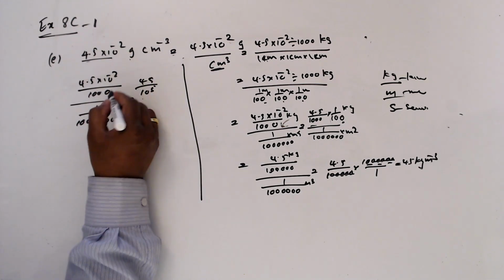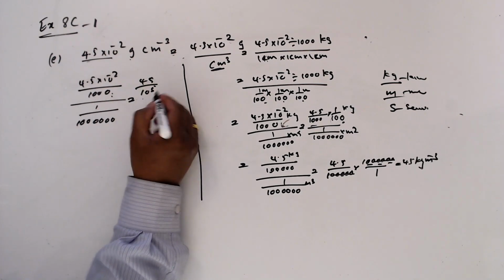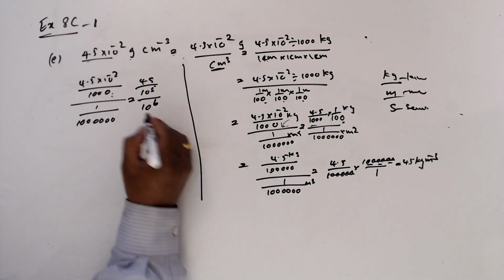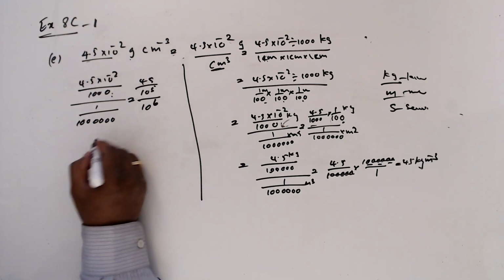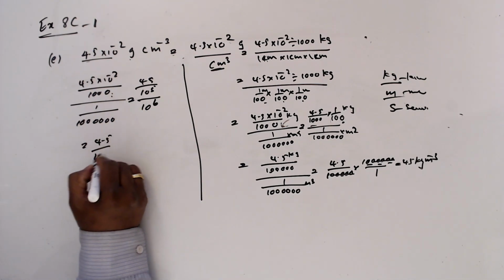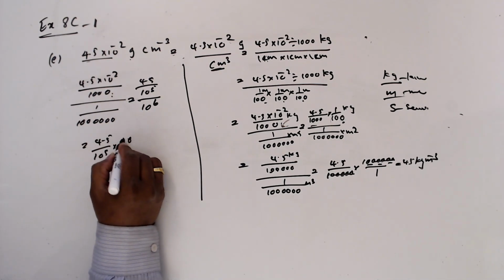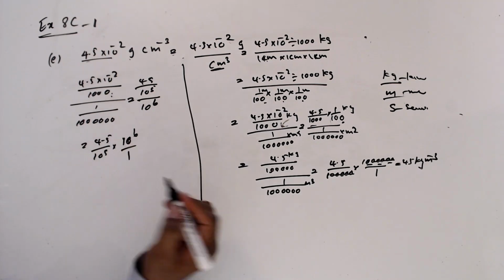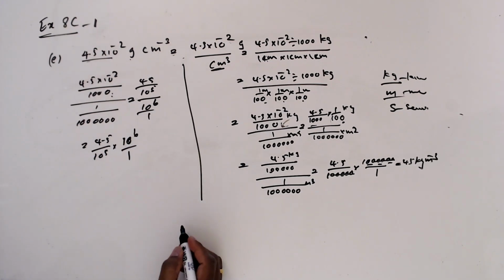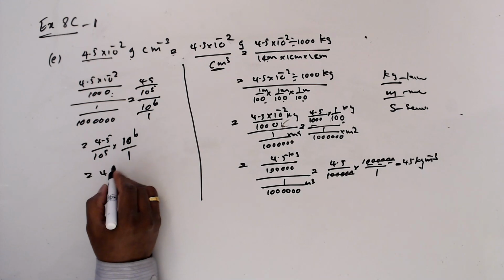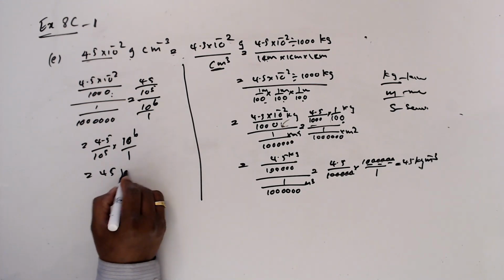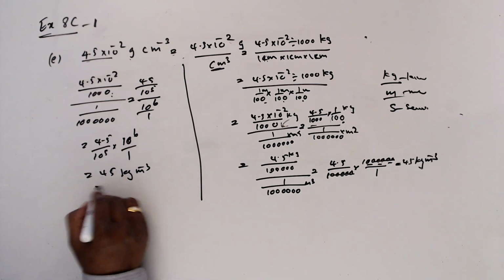This is 3 and minus 2 down 5, and this is 10 to the power 6. So this is going to be 4.5 times 10 to the power 5 over 10 to the power 6 over 1. So this is going to be 45 kg m^-3.